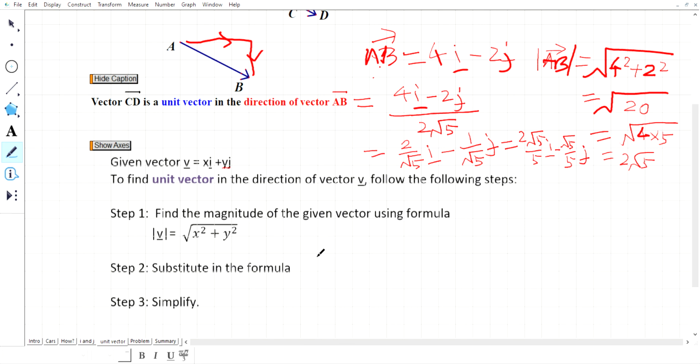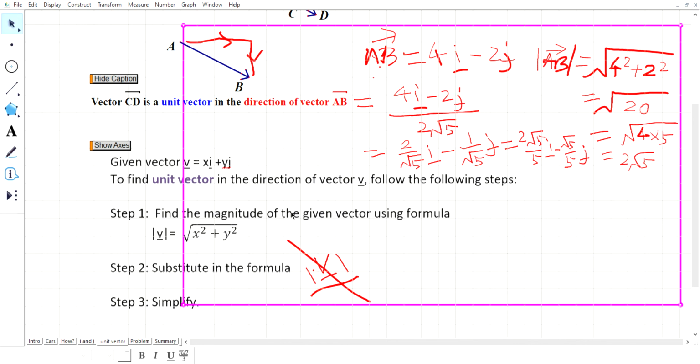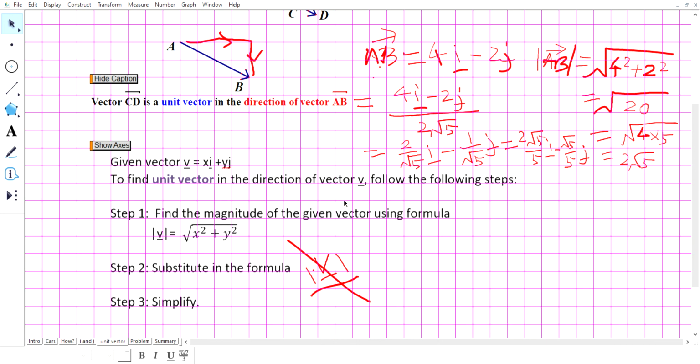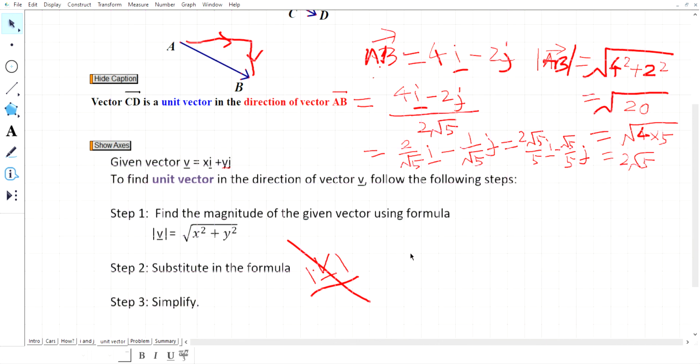Second step, substitute in the formula vector v divided by the magnitude of vector v. Then simplify your answer.